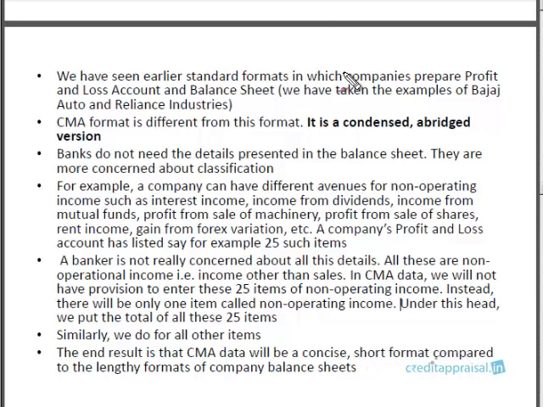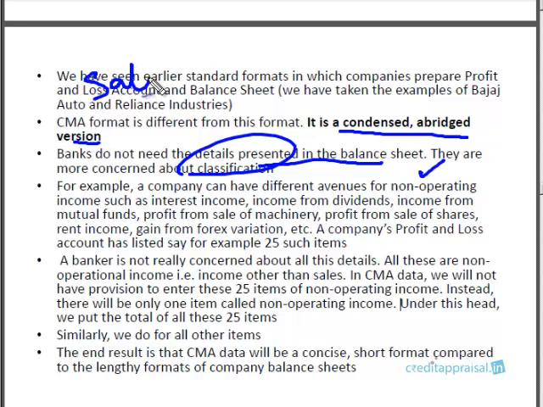So as we have already discussed, CMA data is a condensed and abridged version, right? This is not any new data coming from heaven up above. This is data that is already presented in the P&L and balance sheet. This is only for the purpose of more classification, right? So take for example, a company might have non-operating income. As you know, a company usually makes income from sales.